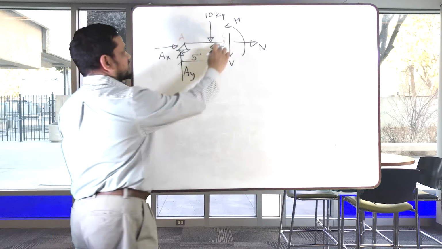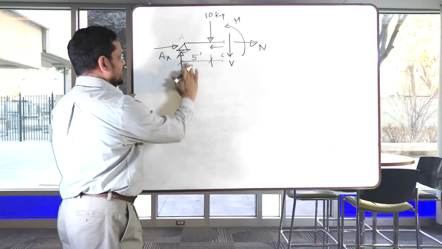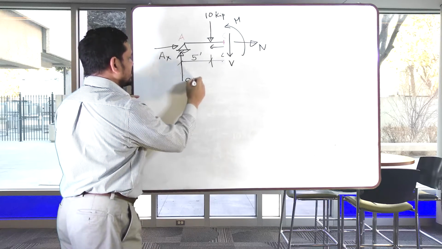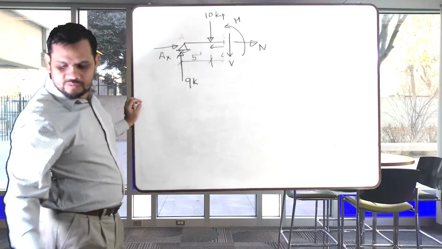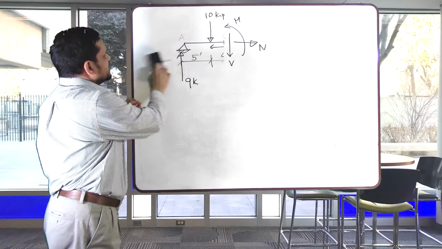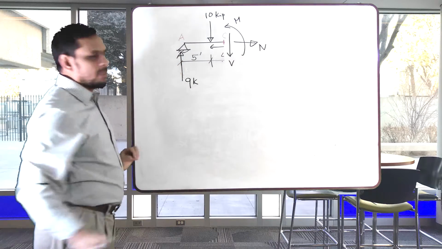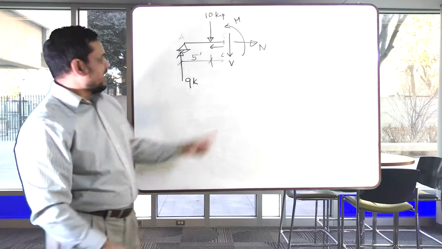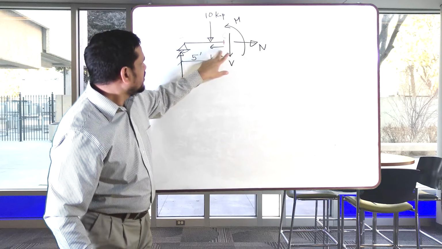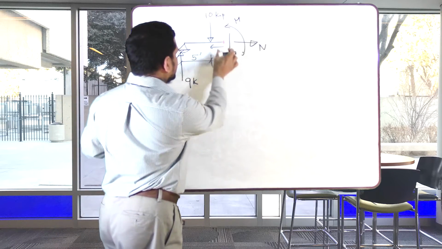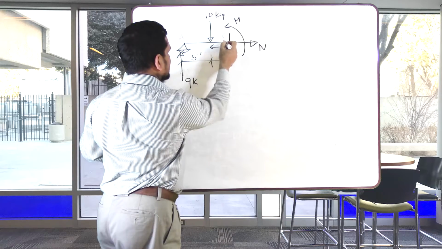Now this is known, it is 9 kg, and AX is 0. AX is 0, that means we can easily delete it. Oh, I forgot the distance.